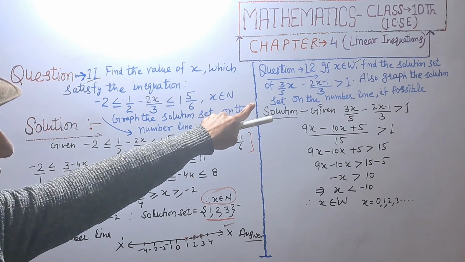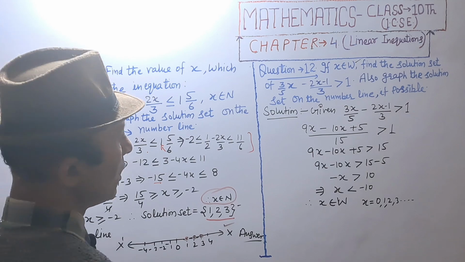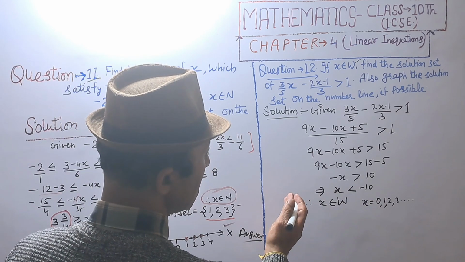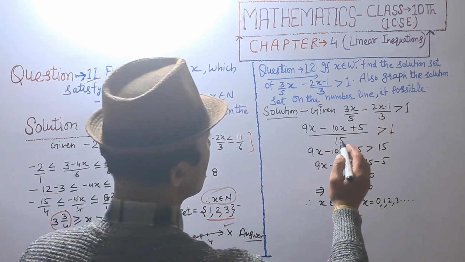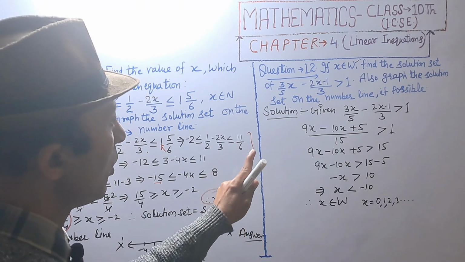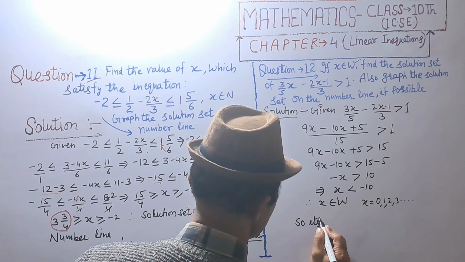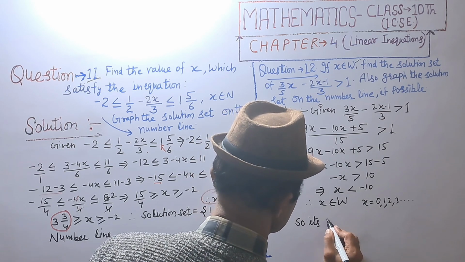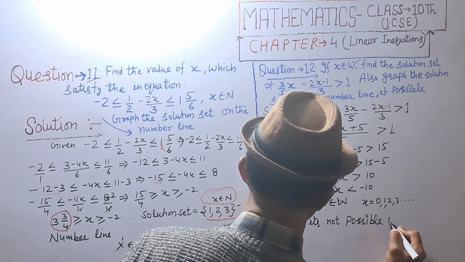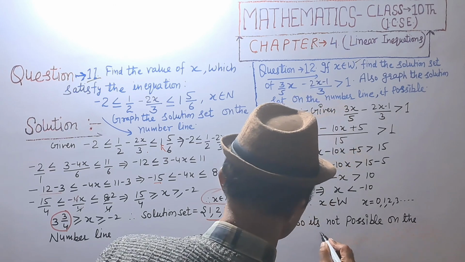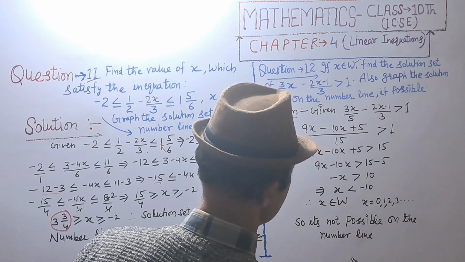But x is less than -10, so it's not possible on the number line.